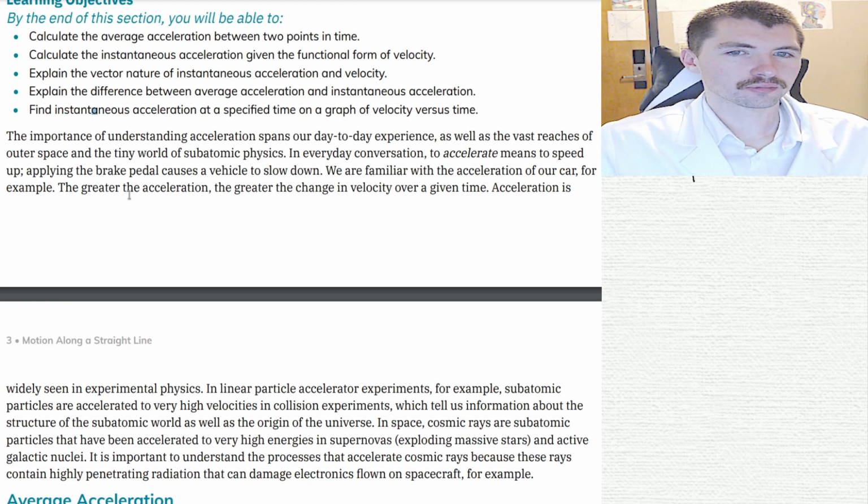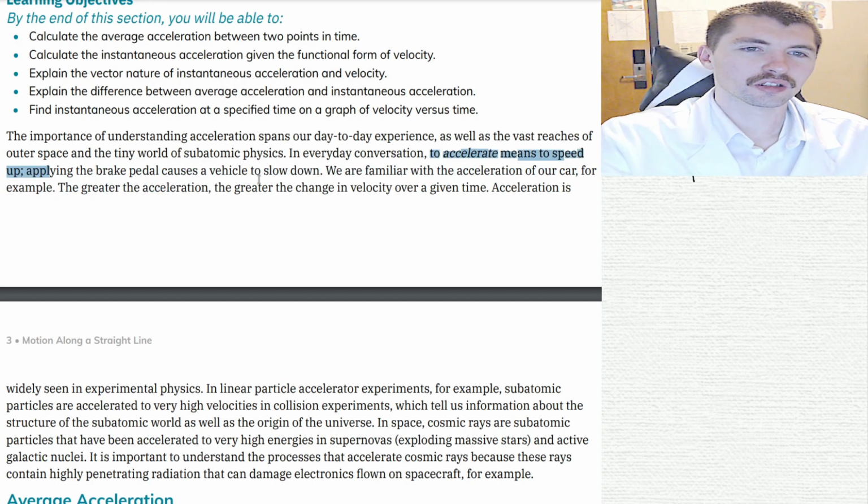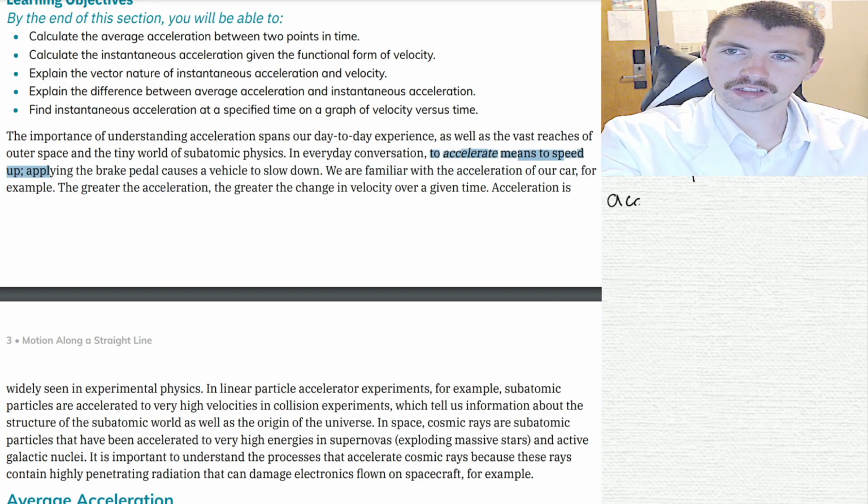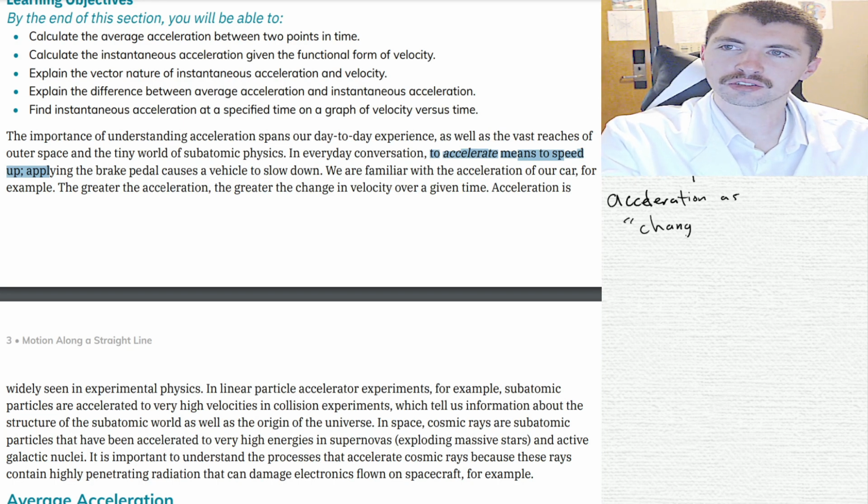Okay, so accelerate means to speed up. I like thinking of acceleration as change of change.